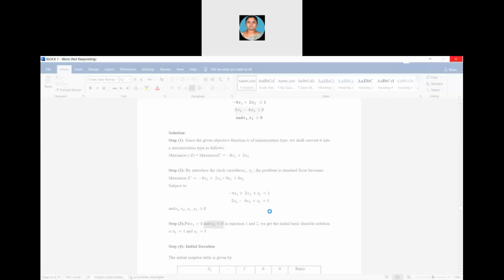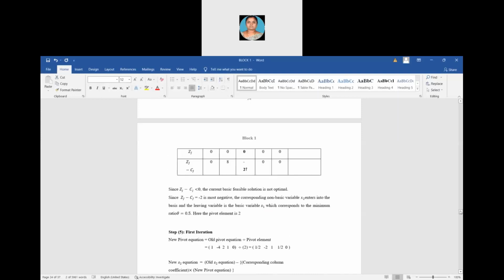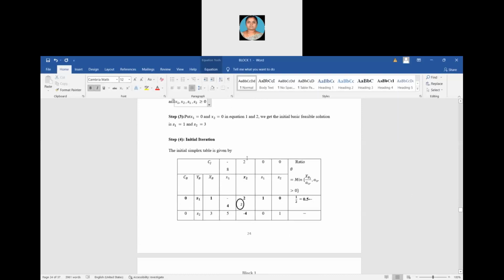Then we have to start our first iteration, that is, the initial simplex table. Here we will have the same Zj, that is the Cj, Cb, Yb, Xb, X1, X2, S1 and S2, and the ratio we are calculating here.